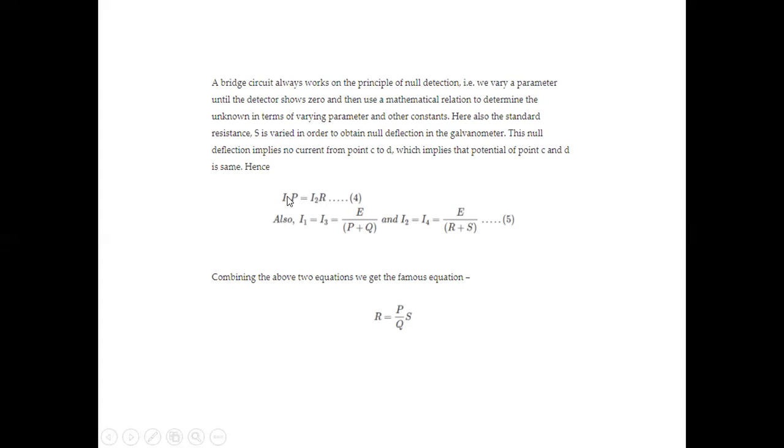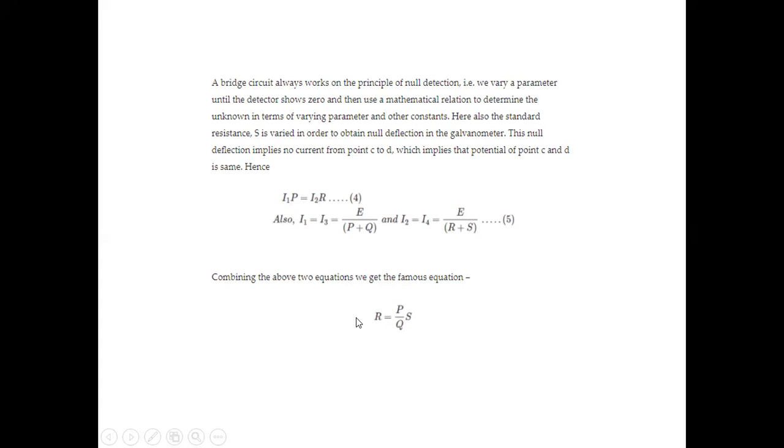PR gets cancelled. Then PS is equal to QR. Therefore, R is equal to PS upon Q. This is the final formula for finding the value of R by using the Wheatstone bridge method.